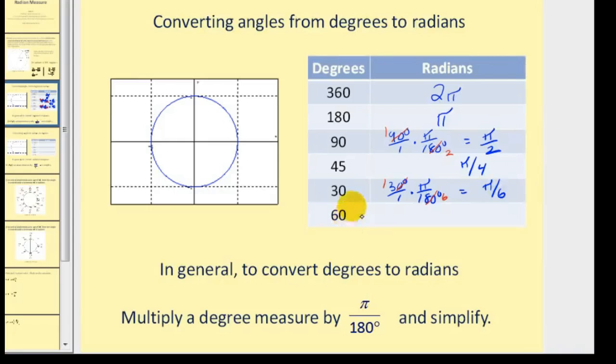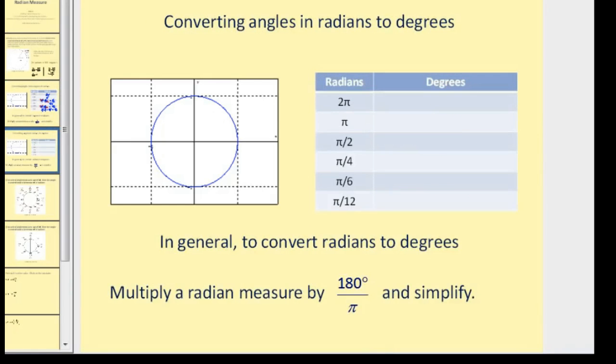And 60 degrees is 2 times 30 degrees, so we could just take pi over 6 and multiply by 2, or double it, and get 2 pi over 6, which is pi over 3 radians. But if we're ever not sure of the conversion, we can always just multiply by pi over 180 degrees.